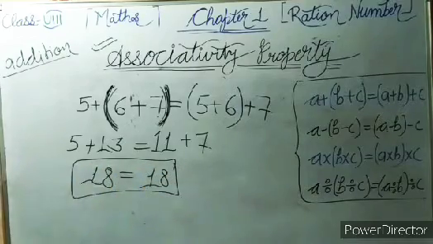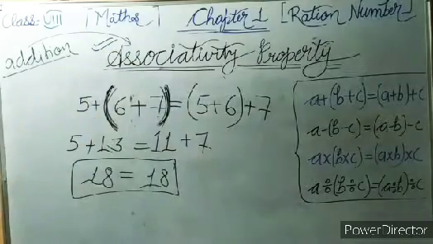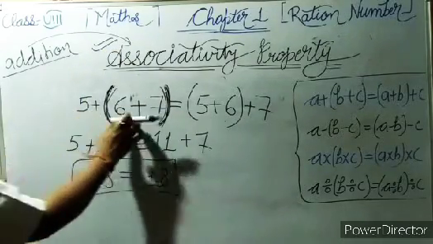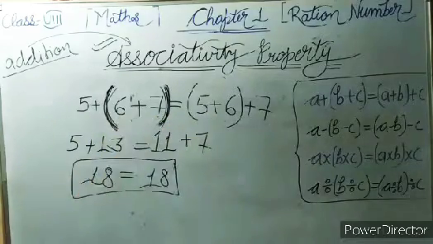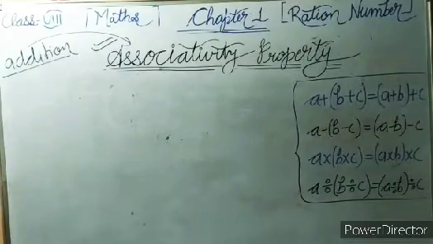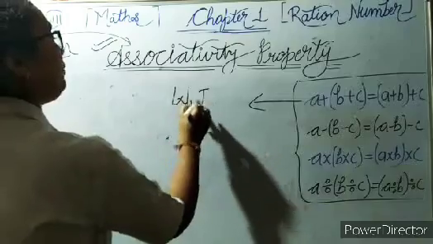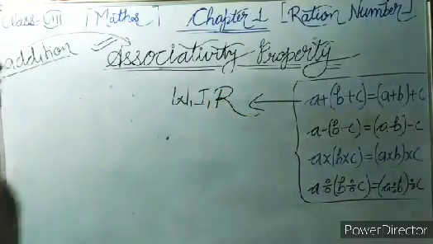Here also we get 18. So addition is associative. This holds for whole numbers and integers, and the associative property follows for rational numbers also.